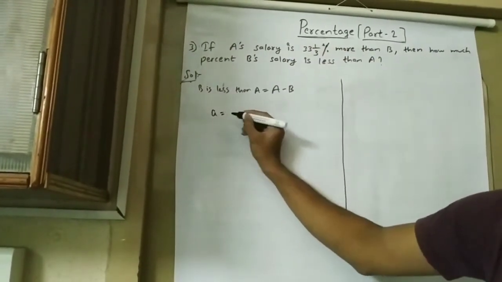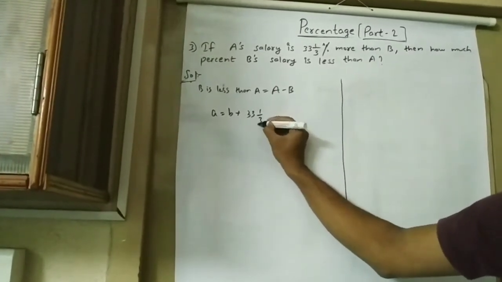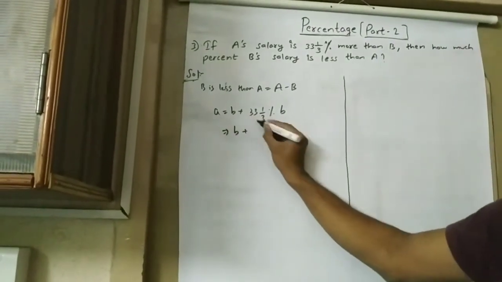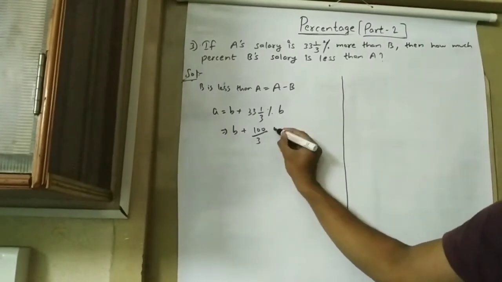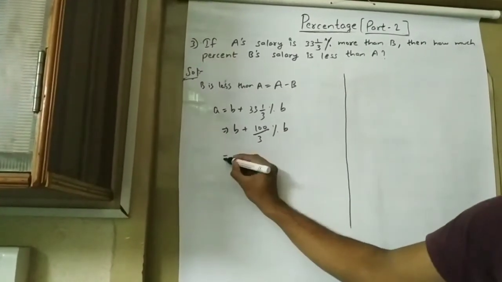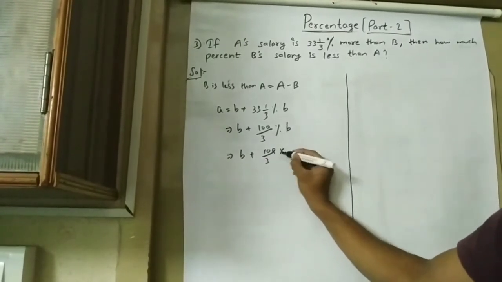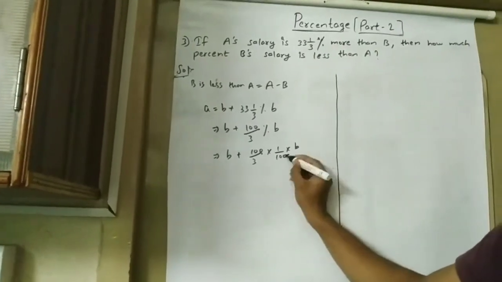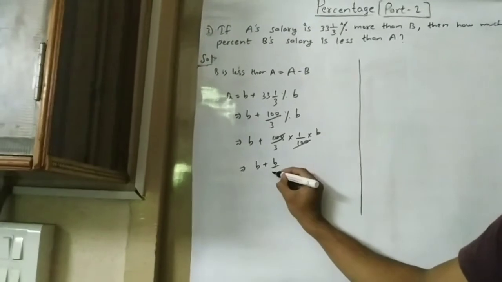So A's salary is B plus 1/3% of B. That is equal to B plus 100 by 3 percent of B. Percent means we have to divide it by 100, so B plus 1 by 100 into B, that is equal to B plus B by 3.